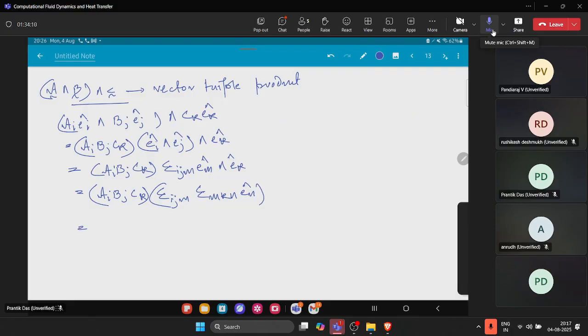So now AI, BJ, CK, and this becomes EM cap cross EK cap, which gives epsilon MKN EN cap. Epsilon IJM and epsilon MKN are the two unit alternating tensors present here, so we can break them out by putting a minus sign here: epsilon MIJ epsilon MKN.